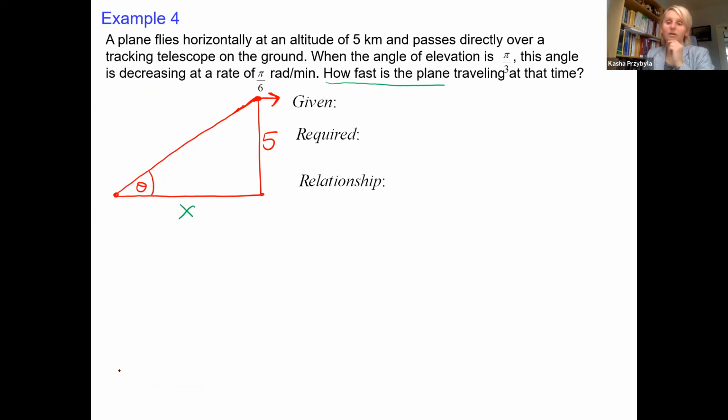Okay, let's see, the given information is that the angle of elevation is decreasing. That means how the angle is changing, d theta/dt. Can you see the negative sign? Do you agree with this negative?